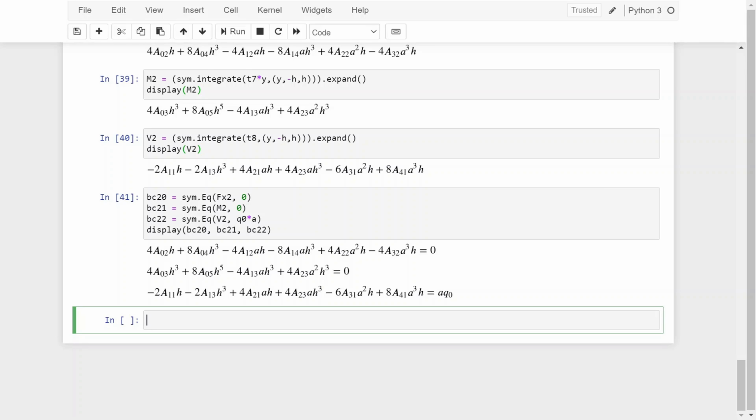That's it, that's our job. Okay, the entire problem has reduced to this, to solving these linear simultaneous equations. Okay, so the way we go about doing it is to use the linsolve. Okay, so now this is going to be a little bit tedious to write, but we'll do this.